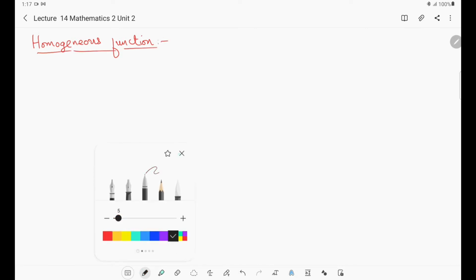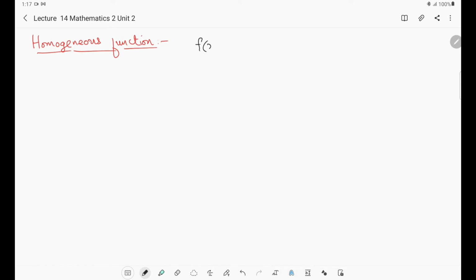Any function f of x comma y in two variables is said to be homogeneous if, when I replace x with kx and y with ky, I get k power n into f of x comma y.